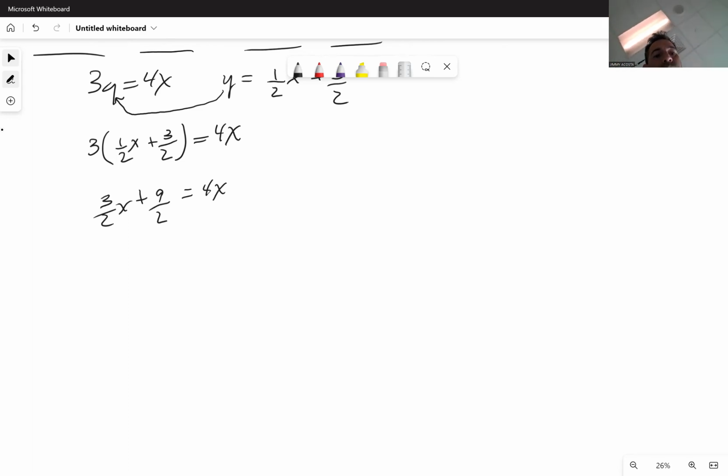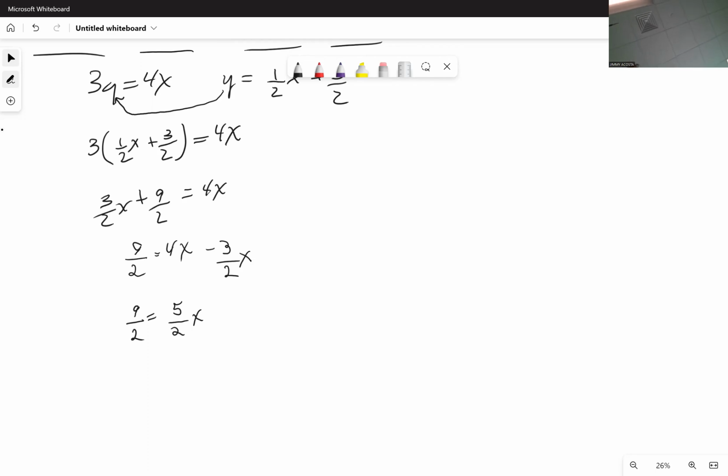I'll go ahead and subtract the 3/2 x. 9/2 equals 4x minus 3/2 x. What does that come out to? So it's 5 divided by 2 x.